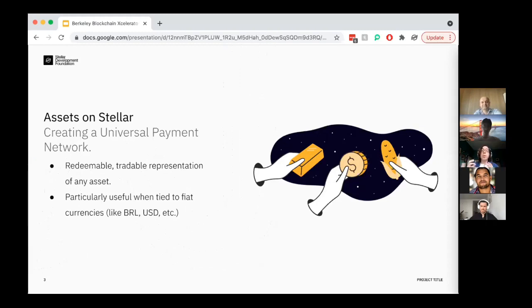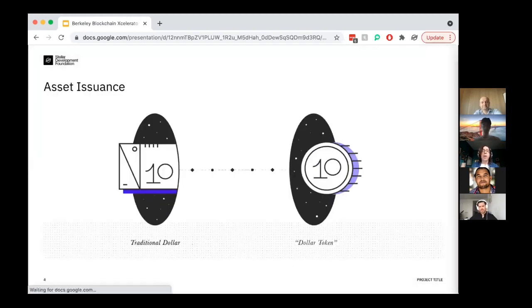But assets are really particularly useful when they're tied to fiat currencies such as dollars or Argentinian pesos or euros. So these fiat-backed tokens are issued by regulated financial institutions, money service businesses, or fintech companies that we call anchors in the Stellar vernacular. So, important term alert: anchors. Anchors connect existing financial systems with Stellar by serving as the on-off ramps for the network, right?